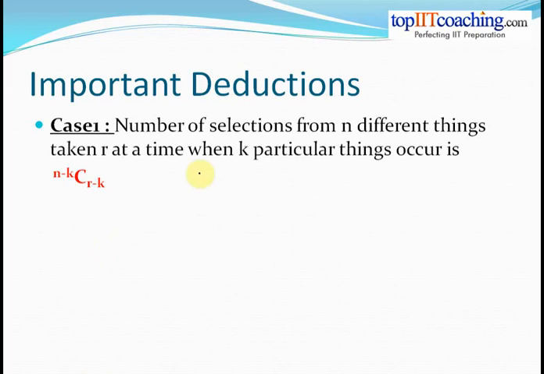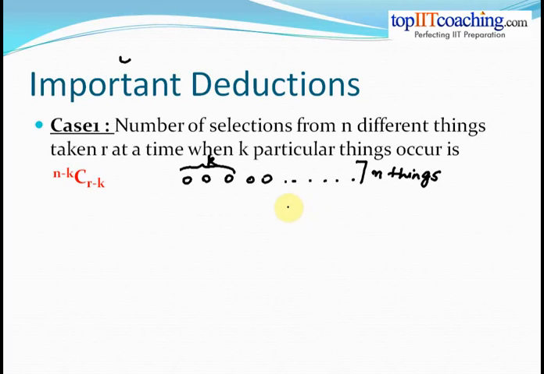Let us say we have got n things. These are in total n things, and let us say these are k things, and they have always to be together and they have to be selected all the time. For all the selections, these k particular things have to be present.